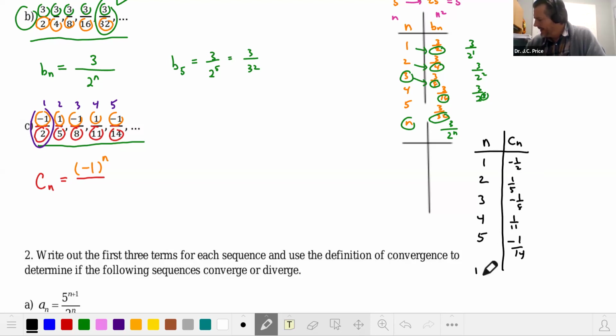And we already said that for n, we do know it's divides, and it's -1 to the n. That makes it alternate. And so the tricky part, though, is trying to figure out what goes down here. 2, 5, 8, 11, and then 14.